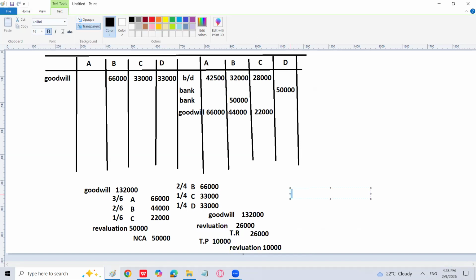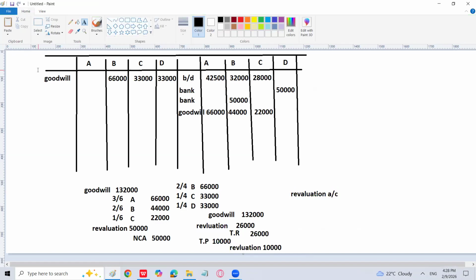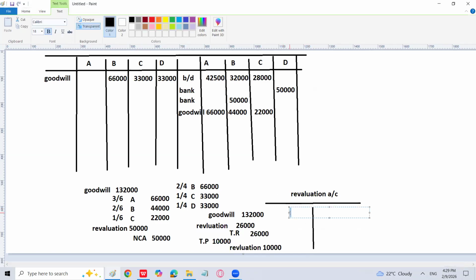Now I'm going to prepare the revaluation account to find the profit or loss on revaluation to be transferred to old partners with old ratio. It will be transferred to A, B, and C only with old ratio 3/6, 2/6, and 1/6. The revaluation account is debited with first 50,000 with non-current asset, then debited with 26,000 because of trade receivable, and then credited with 10,000 because of trade payable.